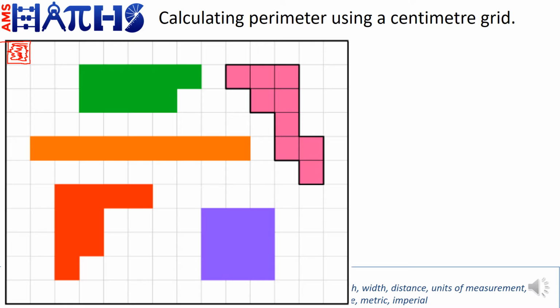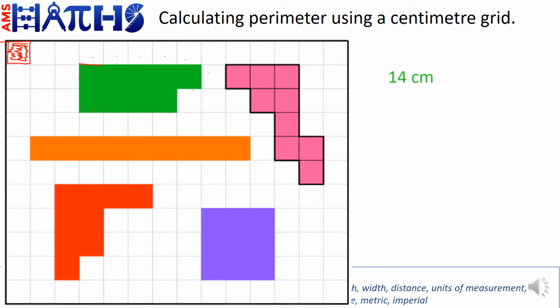So, here we have 1 centimeter and we keep counting. 1, 2, 3, 4, 5, 6, 7, 8, 9, 10, 11, 12, 13, 14. And so, the perimeter of the shape that is green is 14 centimeters.